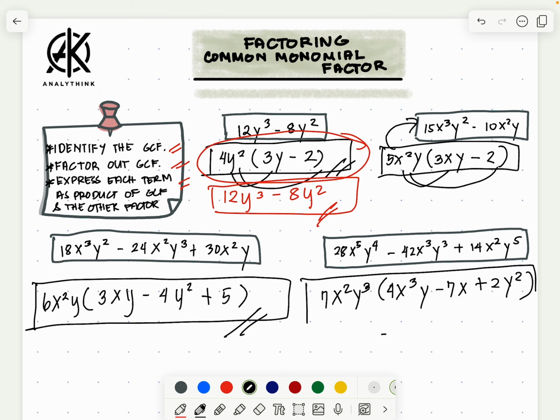You can check again by multiplying 7x squared y cubed to each term to check if our answers are correct. But this is your final answer.